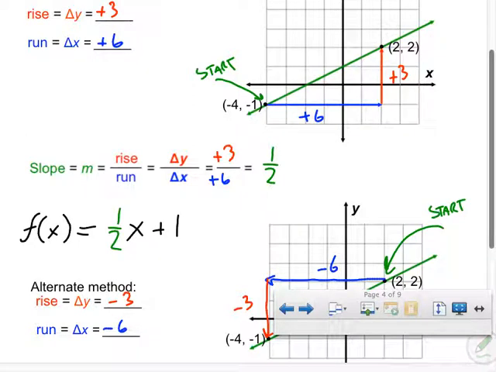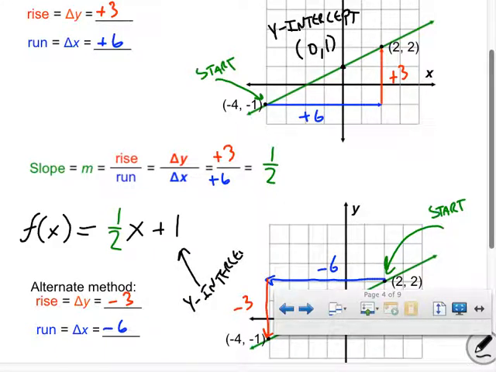This is the y-intercept, right? So the y-intercept is 0, 1 is the y-intercept. Okay? And this is also the y-intercept. Okay, do you guys understand?